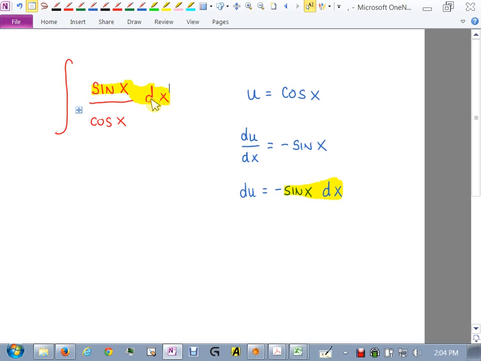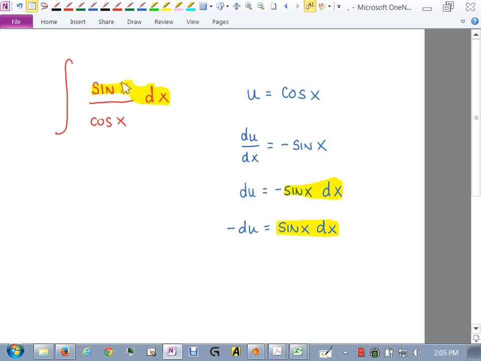So that means that I can actually replace sine x dx with, not quite du, because I had a negative out here, didn't I? That's okay. Why don't I just multiply both sides of this equation by negative 1? So this equation becomes negative du equals sine x dx. It's an equation, right? I can multiply both sides of the equation by negative 1. Now that can be a direct replacement.